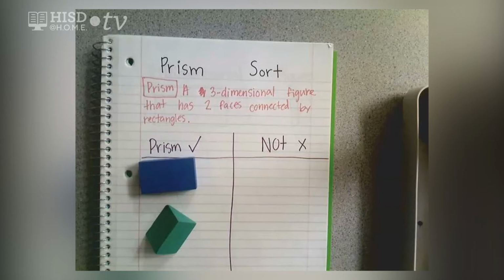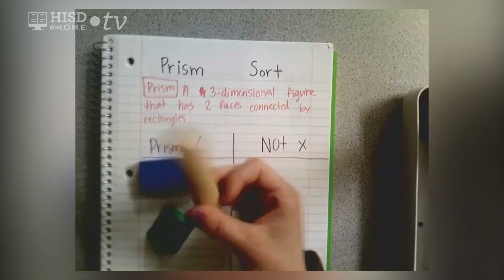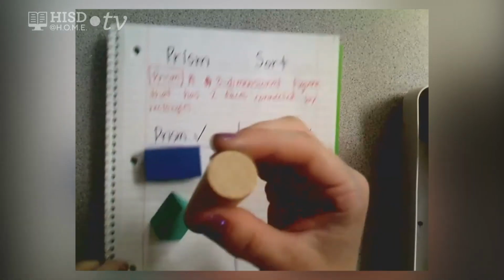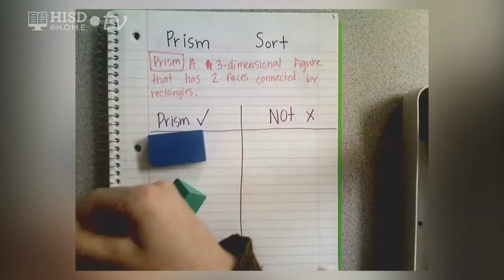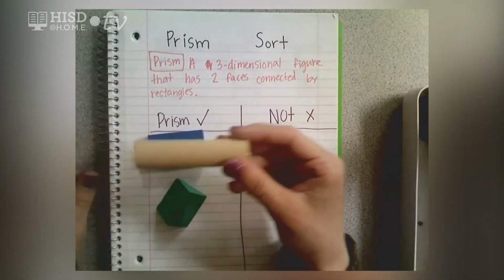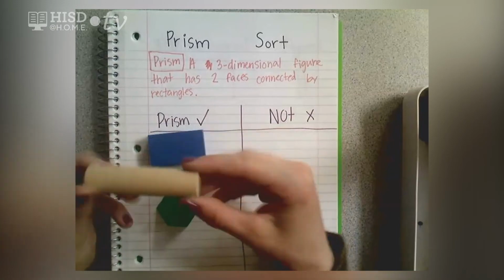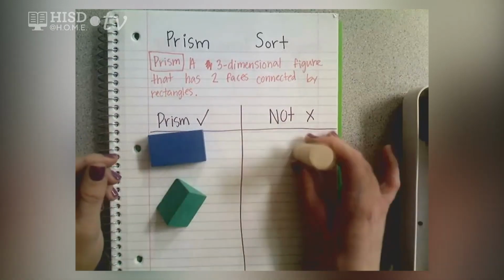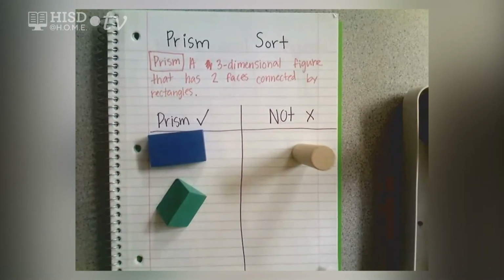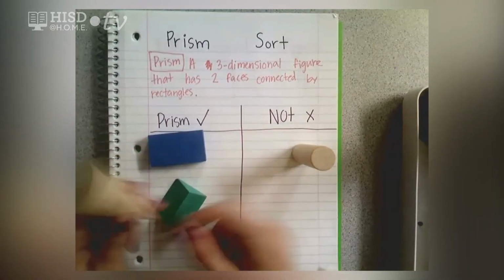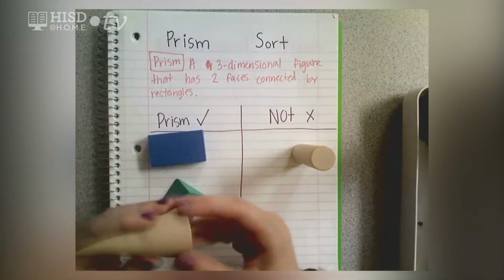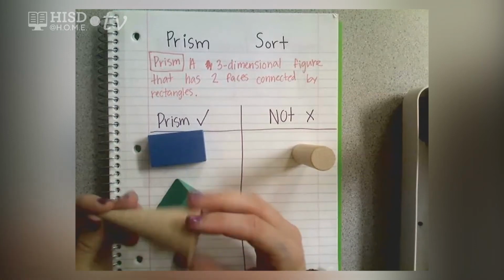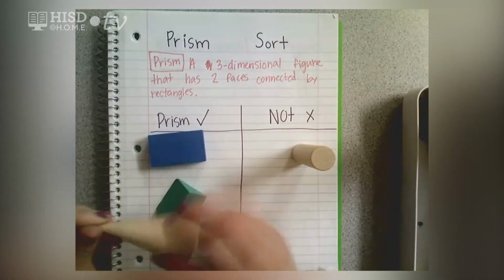What about this? This has two faces, but it's not connected by rectangles. It's just a round figure. This is not a prism. Look at this. Well, this only has one face, and it's in the shape of an ice cream cone.